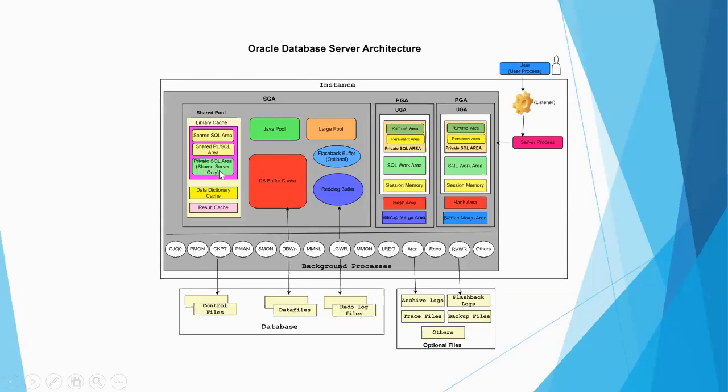Oracle has given us a concept called shared server architecture, and we also have a dedicated server architecture. What's the difference? In dedicated server architecture, as we discussed initially, every user process will have a dedicated server process.